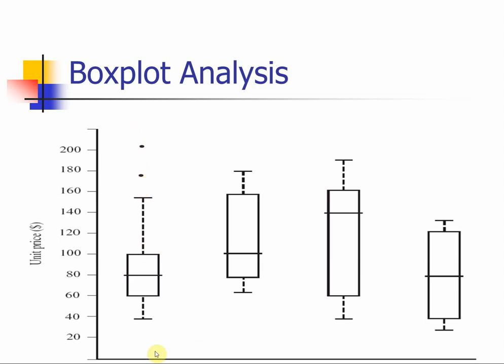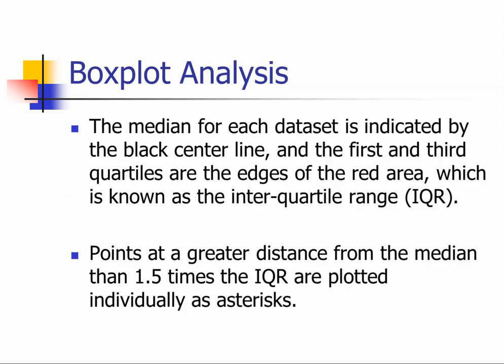They can be over here, they can be under here, so these are the things that we can easily see in the box plot, and by looking into this we can easily understand the distribution of the data.